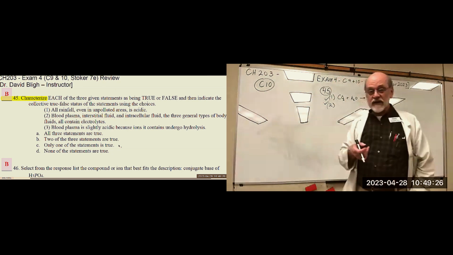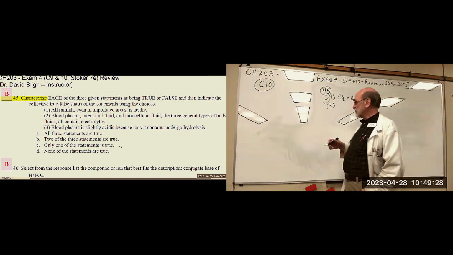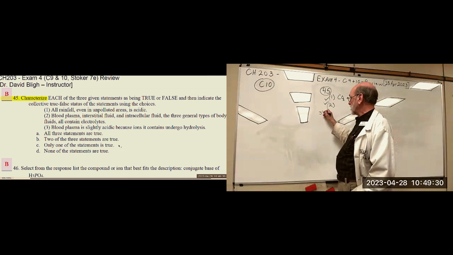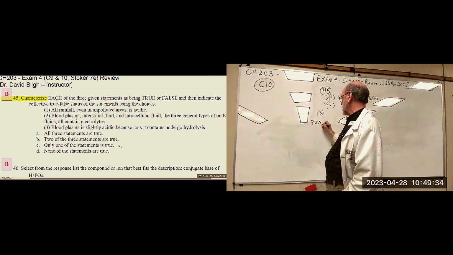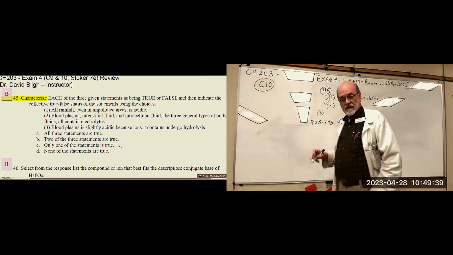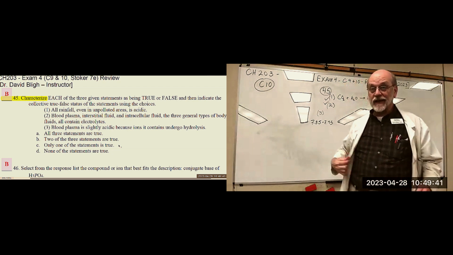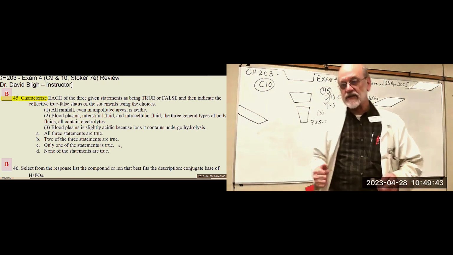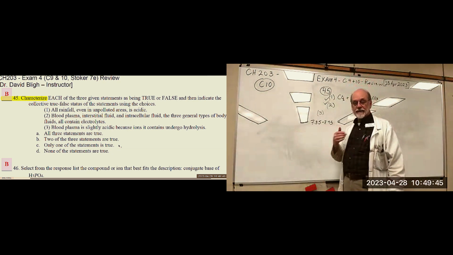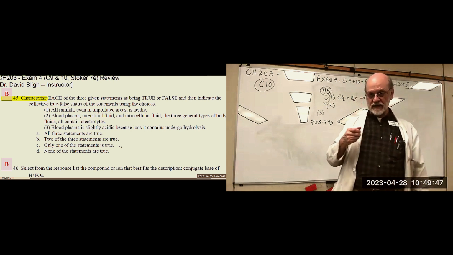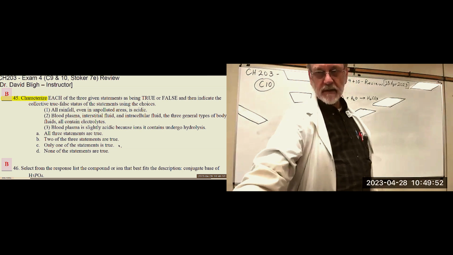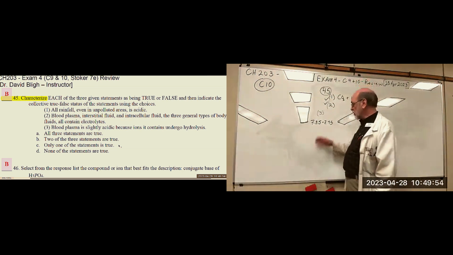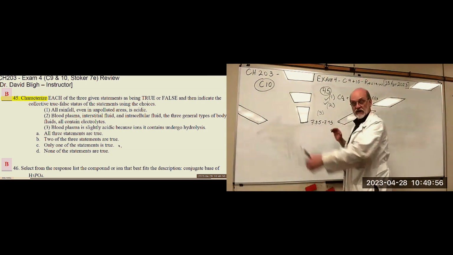The fact of the matter is, blood plasma is basic, and it's buffered between the range of 7.35 and 7.45, right? Unless you're sick. If you've got a really bad condition, it could go acid or it could go basic, in which case your metabolic systems are going to be in big trouble. And they'll be in bigger trouble the farther away you are from that range.